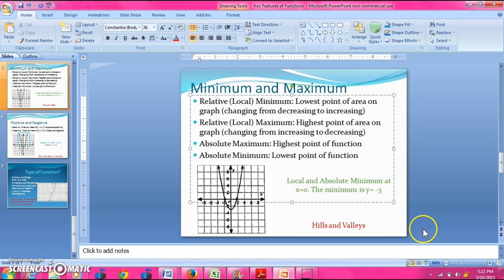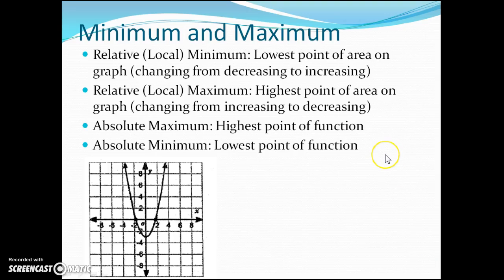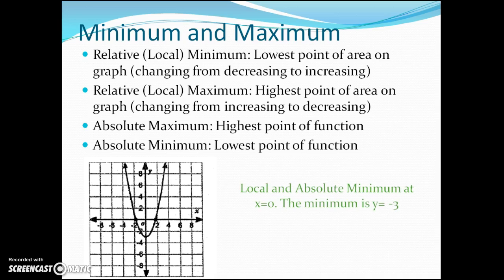So let me change that real quick. Okay, so looking at this graph, the local or absolute minimum is at x equals 0, and that minimum value is at negative 3. So you would write that just local and absolute minimum at x equals 0, and the minimum is y is equal to negative 3.